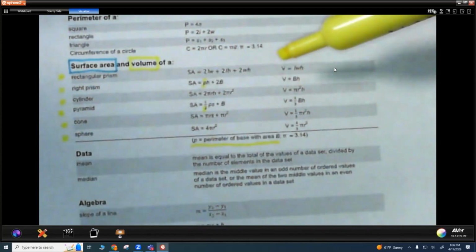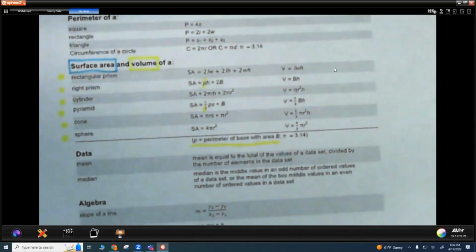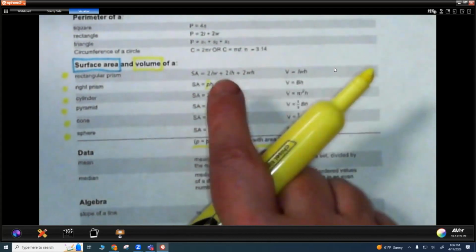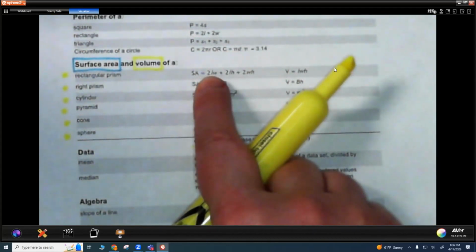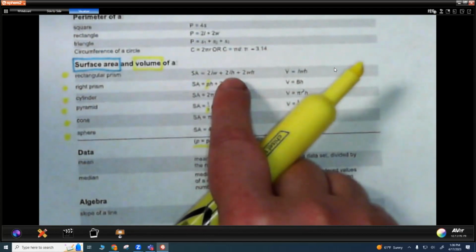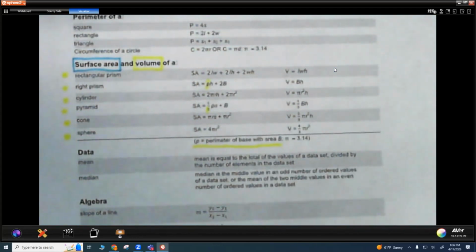But hopefully everyone feels good about the other pieces. Everyone feel good about what L means, what W means, what H means? Length, width, and height are the three dimensions there.